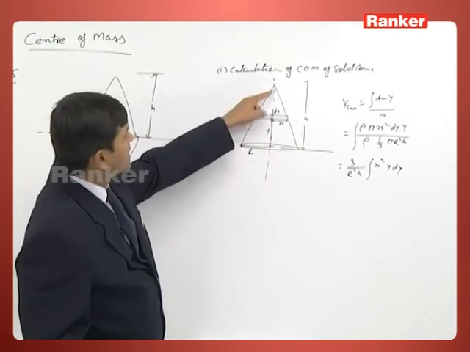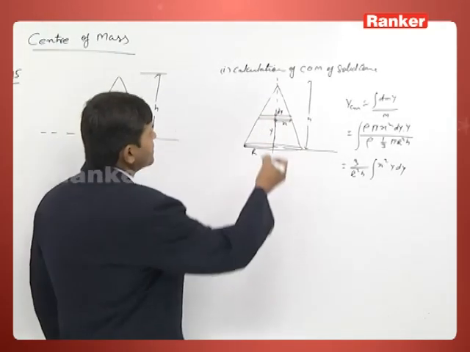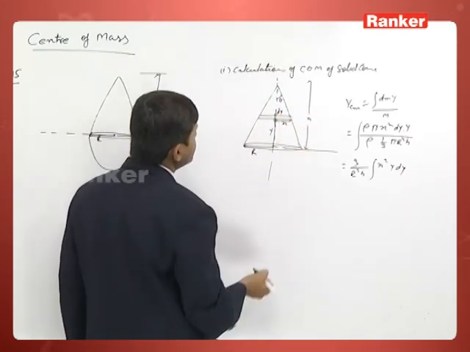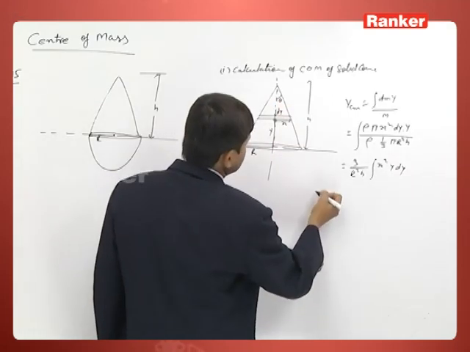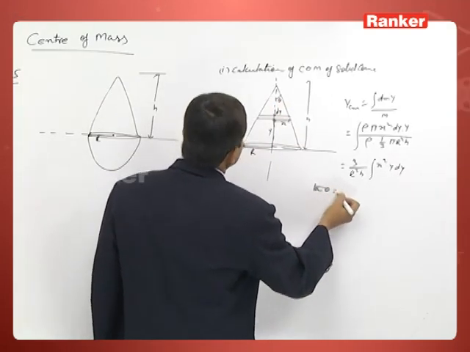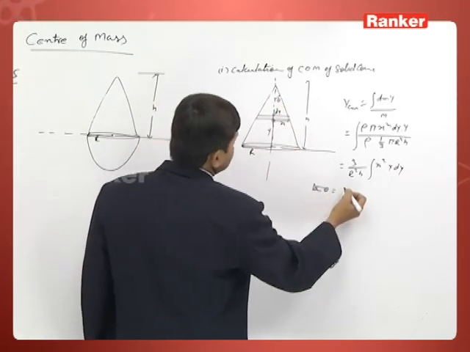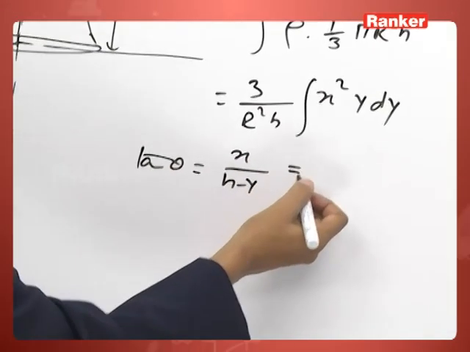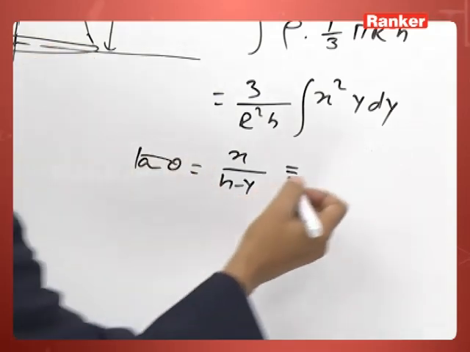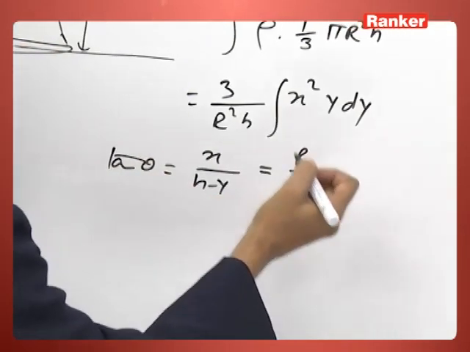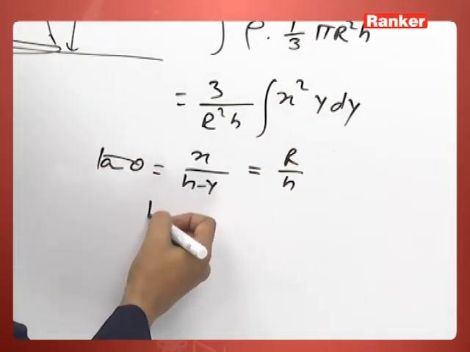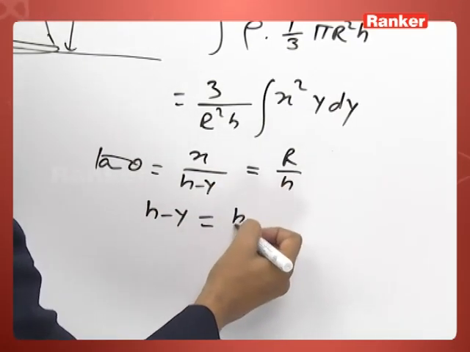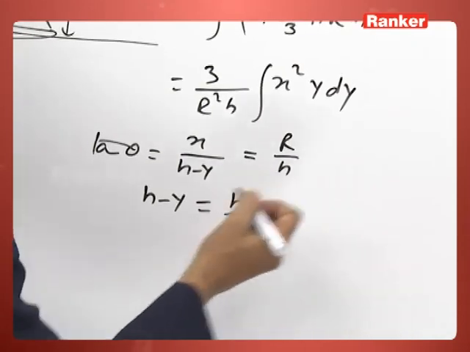Now from this triangle, let this angle be theta. So tan theta is x by h minus y, as well as r by h. So h minus y is equal to h by r into x.